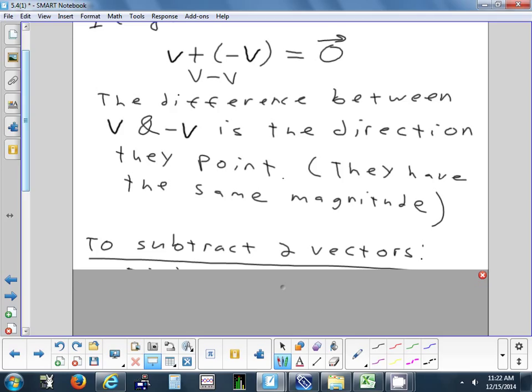V plus negative V is exactly the same thing as saying V minus V. So when we want to do subtraction, we're going to make it into addition, but you're going to add the opposite. When you started out learning about how to add and subtract negatives, you might have learned that method. Instead of doing 5 minus 2, you can think of it as 5 plus negative 2. Same idea.